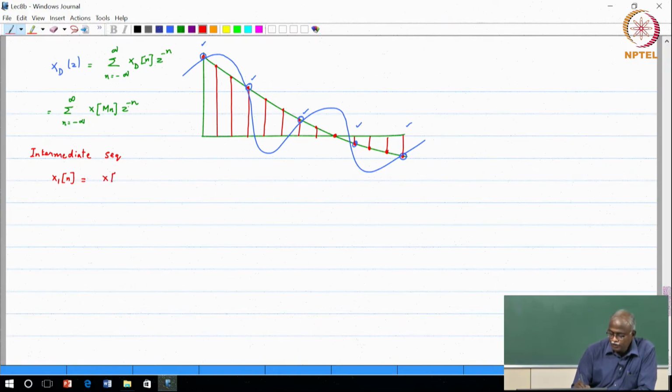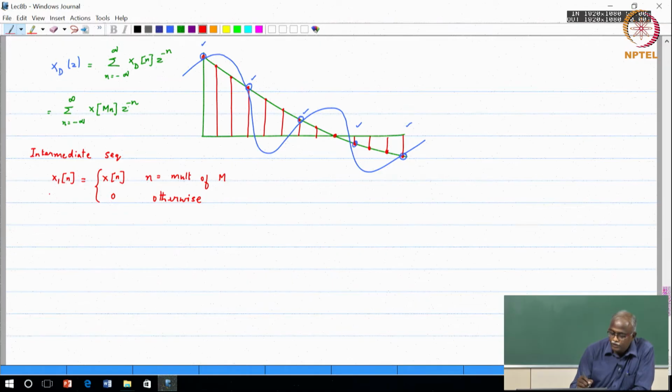This is equal to x[n] if n is a multiple of M, that is, 0, plus or minus M, plus or minus 2M and so on, and equal to 0 otherwise. It actually has less information than x[n]. Why not just work with x[Mn], because that has the same information? But actually this sequence has a lot of value and benefit.